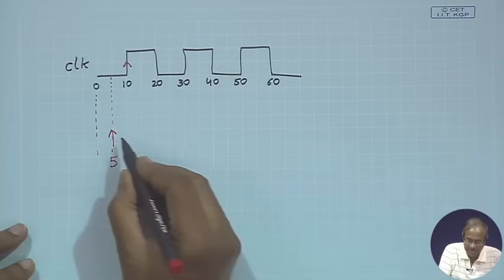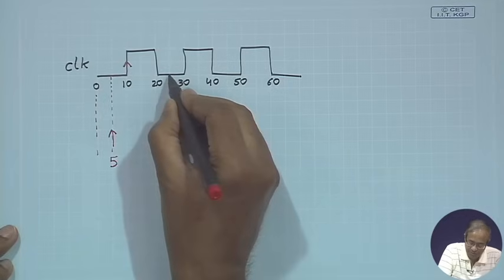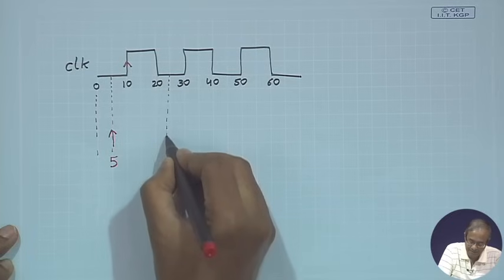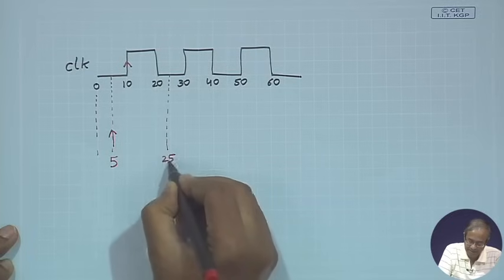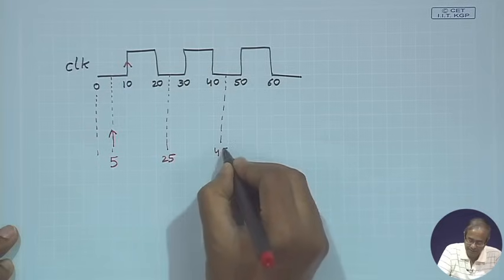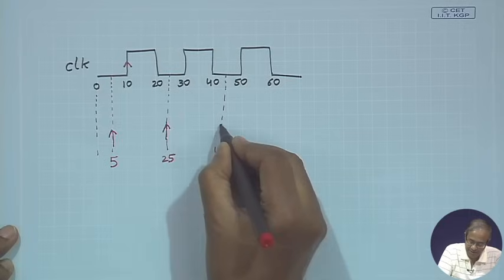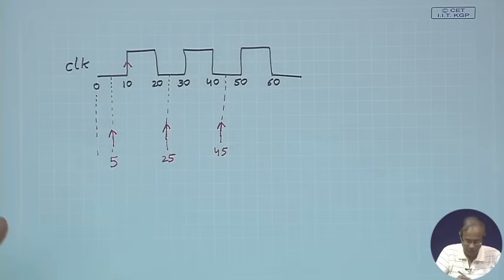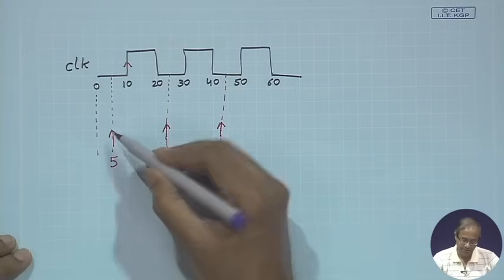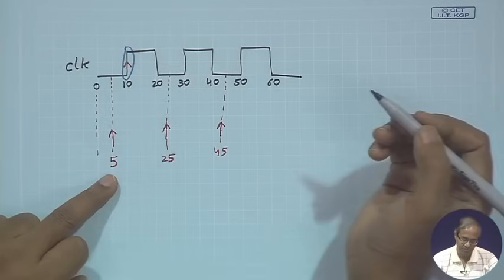And after this we are giving 20-20 gaps, because this was 5, next it will be 25, it is here. Next it will be 45, it is here. So, my first input is coming here, second input will come here, third input will come here, and so on. The reason is very clear, that if I apply the first input here, then the first clock edge will be able to capture this input.